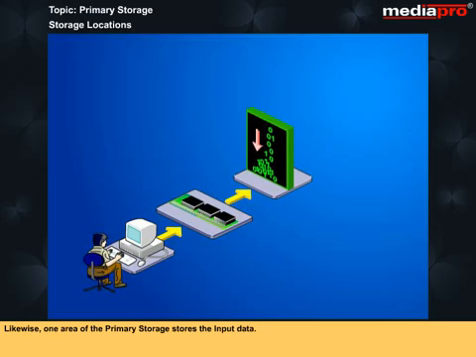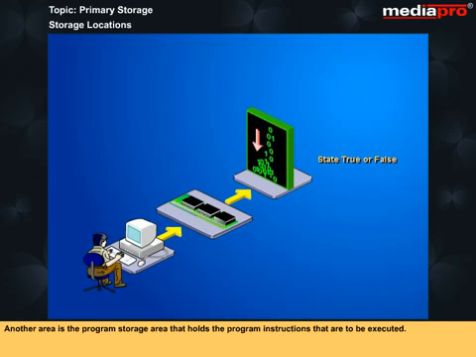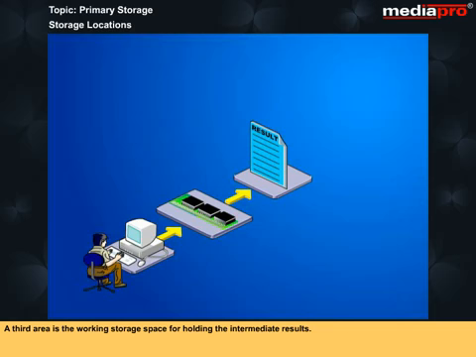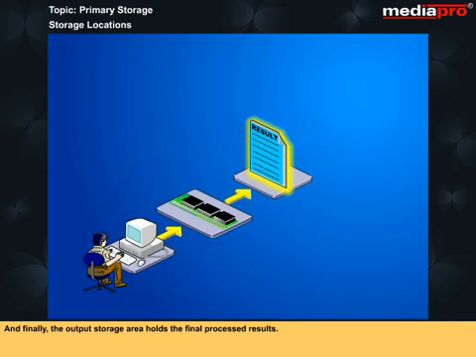Likewise, one area of the primary storage stores the input data. Another area is the program storage area that holds the program instructions that are to be executed. A third area is the working storage space for holding the intermediate result. And finally, the output storage area holds the final processed results.